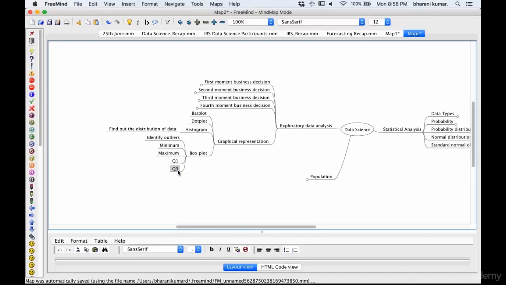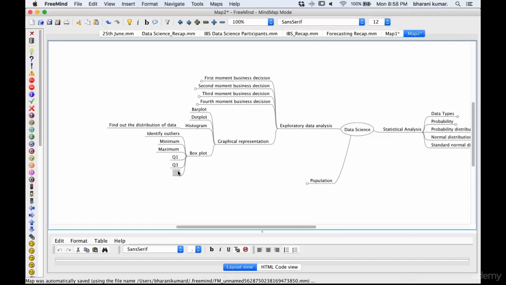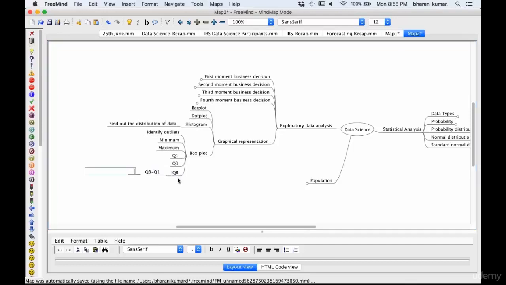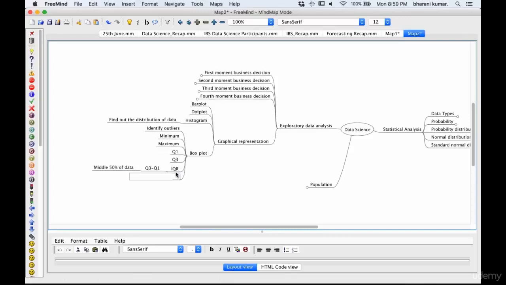From minimum to Q3, you will have roughly 75% of data. And then you have the interquartile range, which is given using Q3 minus Q1, which contains the middle 50% of the data. This explains where the majority of your data resides. And then we also have Q2, which is nothing but the median.